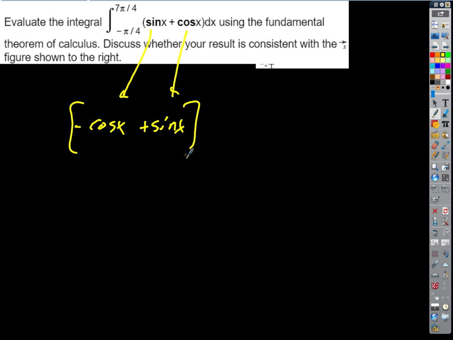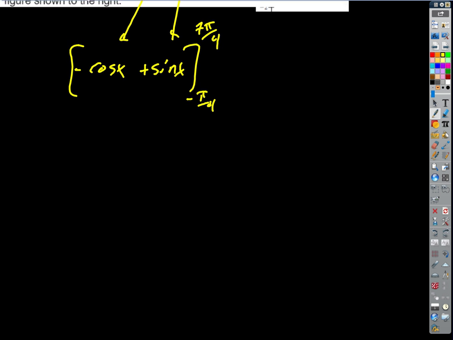And we're just going to evaluate that from negative 5/4 pi up to positive 7/4 pi, right? And so let's break this one up into pieces.